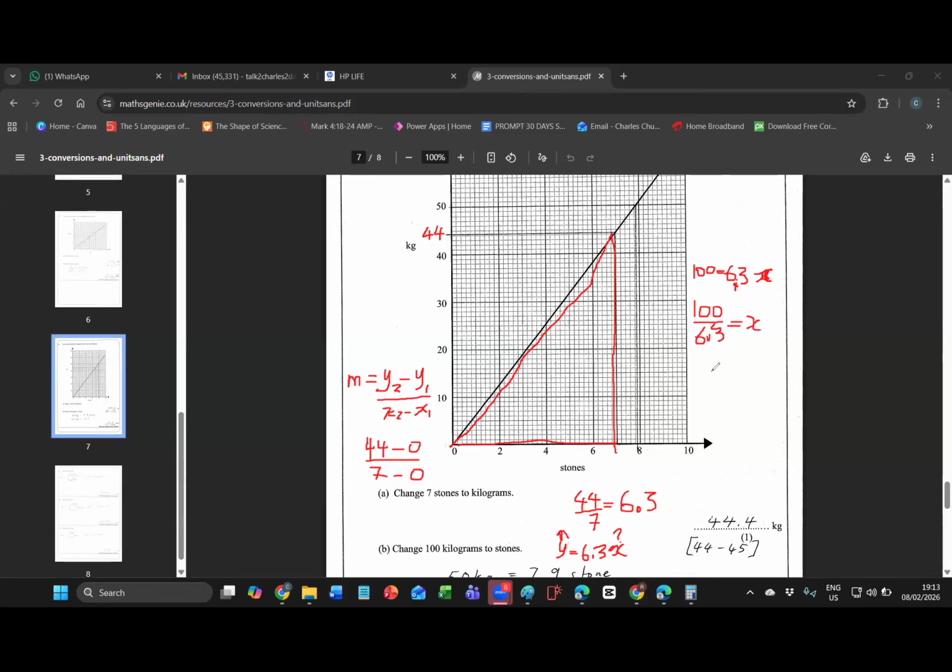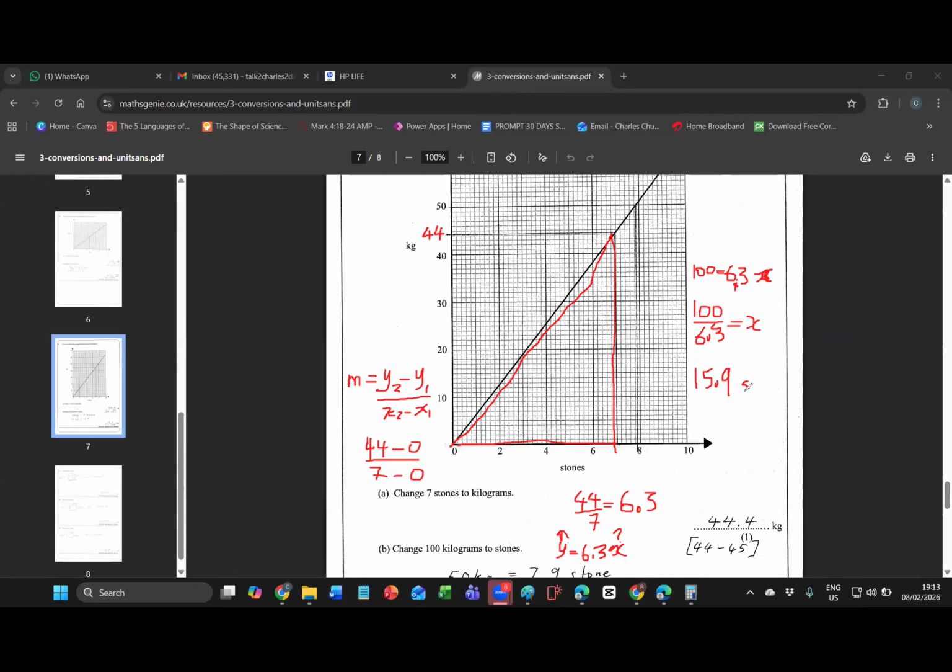No, it can't be. I'm not sure. Can you check on your calculator? It says 15.9. Okay, so that's it. 15.9 stones.